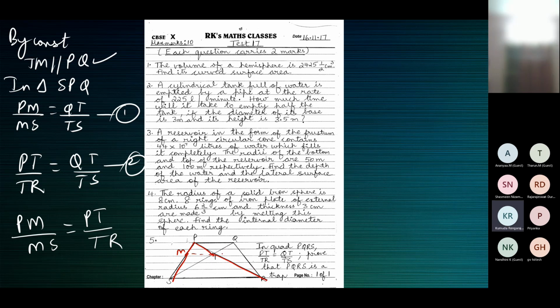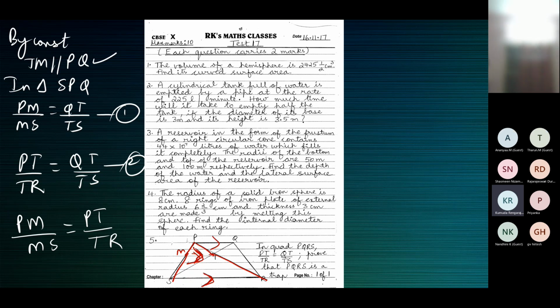So by the converse of BPT, this line is parallel to this line. Now we have TM parallel to PQ by construction, and TM is parallel to SR. So that means PQ is parallel to SR. And in a quadrilateral, when one pair of opposite sides is parallel, it is a trapezium.